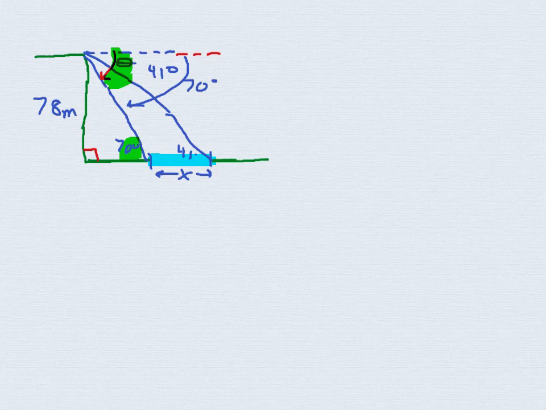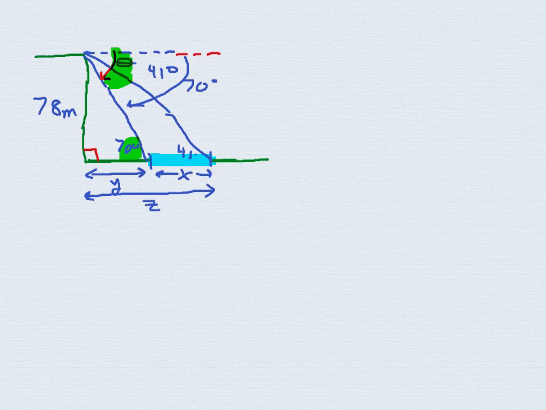But we can make a right-angled triangle of the 70, the 78 height of the cliff, and we'll call the other side y. We can make a right-angled triangle of the 41 degree from the opposite side of the bank all the way back to the edge of the cliff.